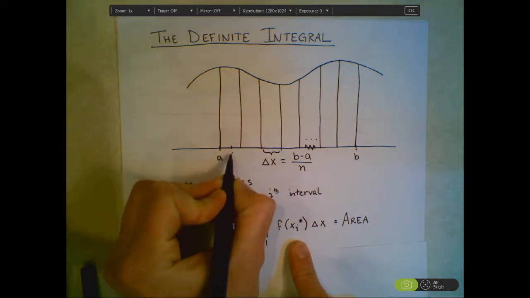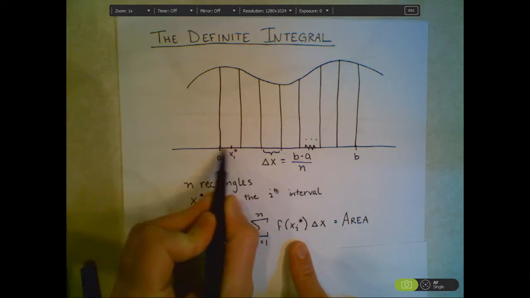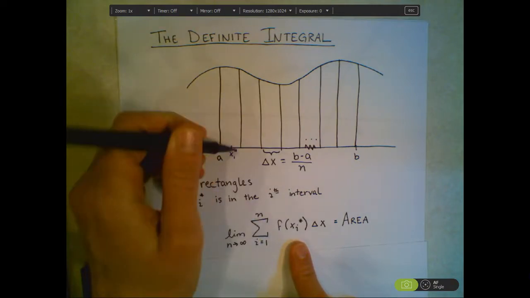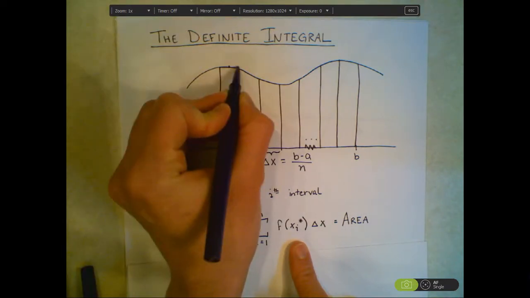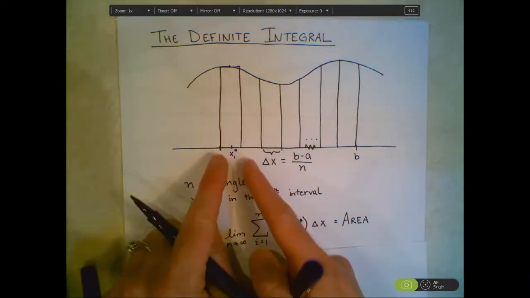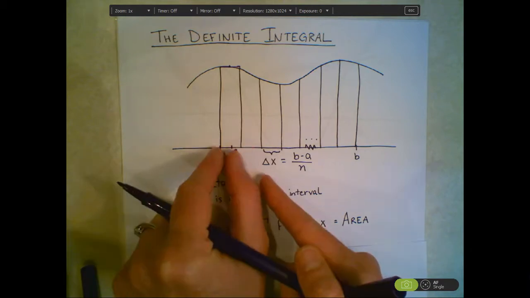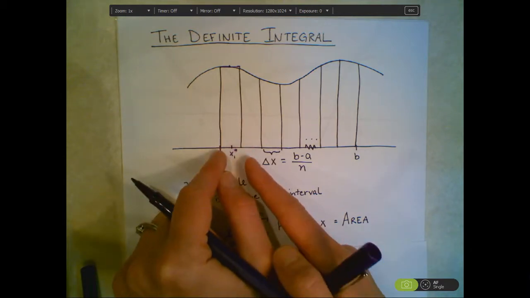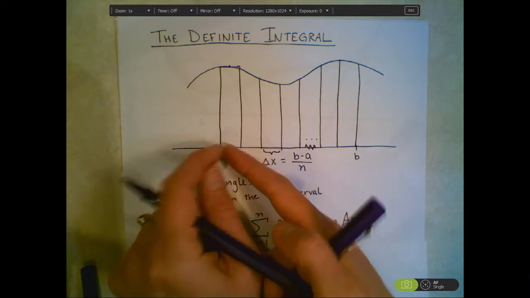I'm going to call this x1 star, because it's a point in the first interval, the first rectangle, and I could use the height of the function at that point to be able to estimate the height. Because as the number of rectangles increases, these widths get smaller and smaller, and it means that the left endpoint approaches the value of the right endpoint because these things get squished.